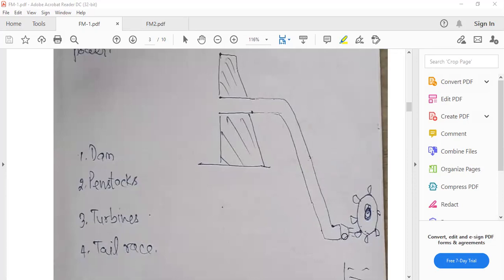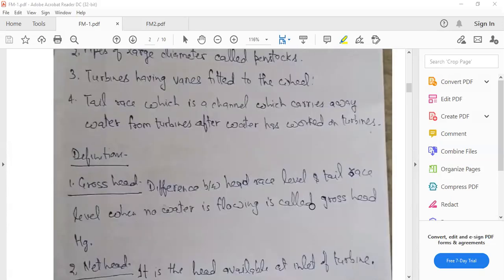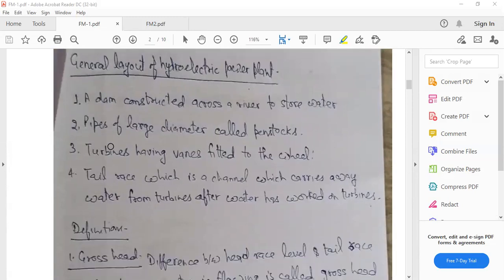Now, what is the work of nozzle? Since area is reduced in nozzle, velocity increases. So this nozzle increases the velocity of water which is impinging on the blades of the turbine. Okay, so this is another part.